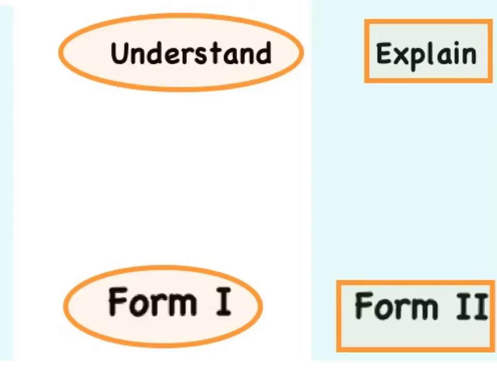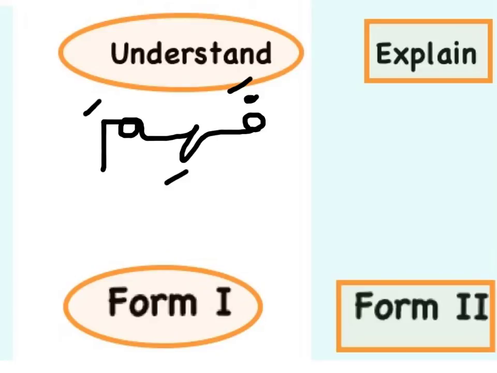Another example is يفهم, or let's go with the past, فهم, simpler. So this way you get فهم, he understood. And the form is, since it's clear, I will let you see it.